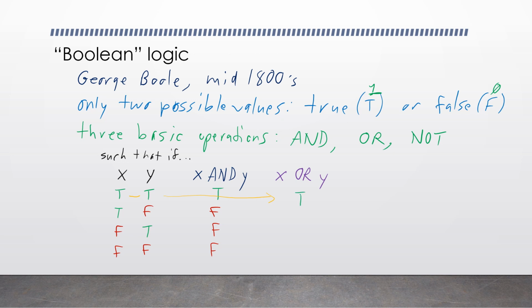But in this next case, one is true, so that evaluates to true. One of them is true, so that evaluates to true. It's only this last case where they're both false that the OR operator would return a false value. Okay?